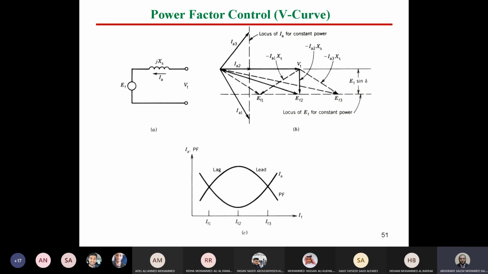And this is helpful because all of the surrounding loads will consume reactive power. So you can use the synchronous motor anywhere and adjust the excitation in order to make the power factor leading. This is going to deliver the reactive power to the surrounding loads.